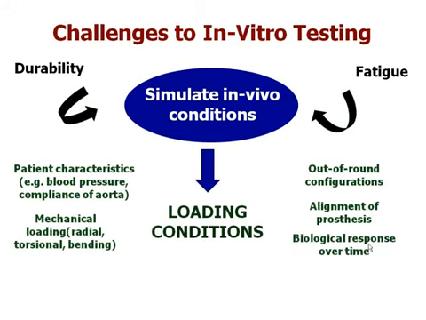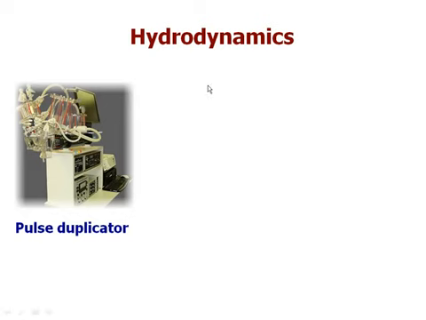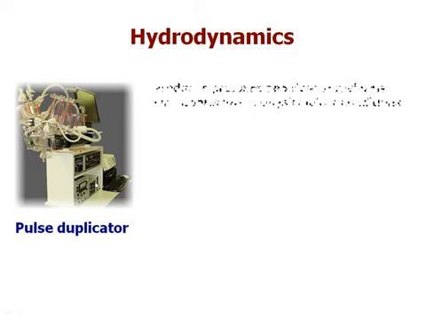And importantly, we're going to have to understand the biological response over time and whether or not there's a change in the mechanical loading features from post-implant to 1-year follow-up. And therefore, we're going to have to understand how the device impacts the patient, but also how the patient impacts the device. So with respect to hydrodynamic testing, this is a pulse duplicator.